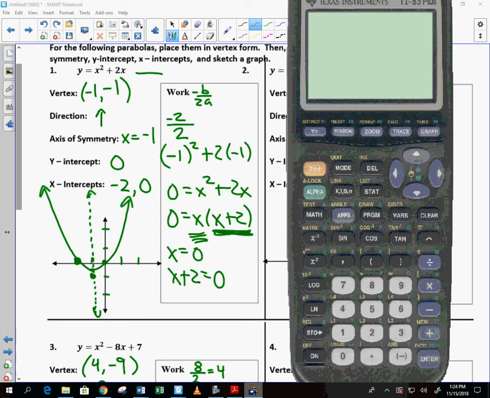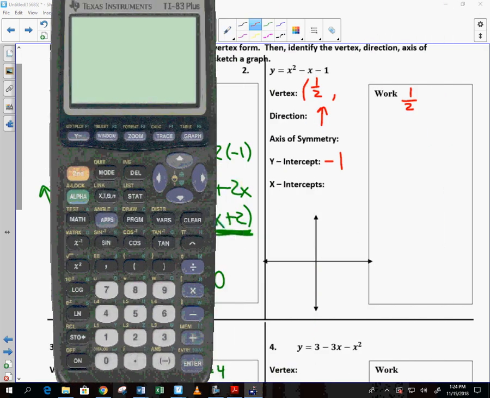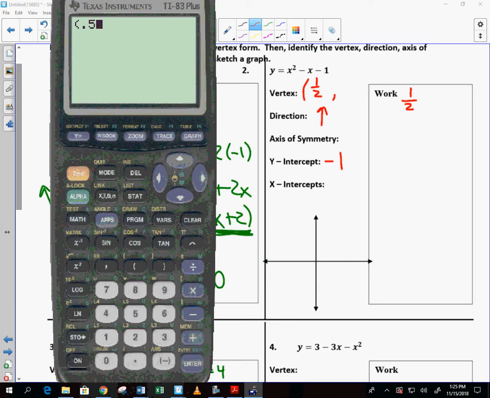Raise your hand if you love fractions. Nobody raised their hand. Awesome. If you plug that into your calculator, just make sure that you put parentheses. And if you would like to type it as a decimal, that's fine. Go 0.5. I don't care. Squared. Minus, parentheses, 0.5. Minus 1.